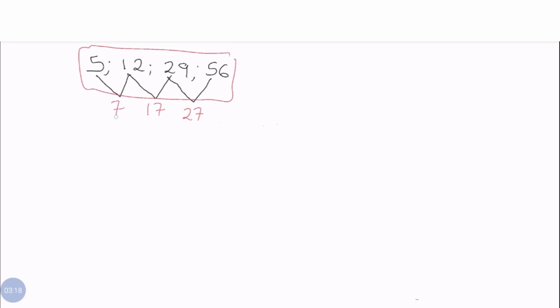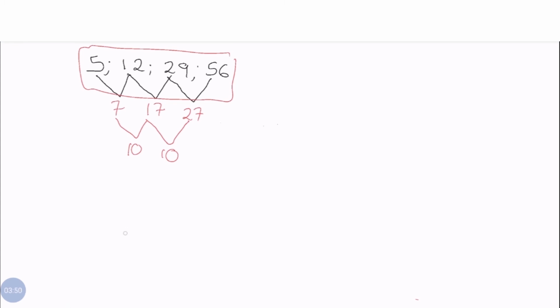This is actually a linear pattern, because if you find the differences, we get a common difference of 10. 17 minus 7 is 10, 27 minus 17 is 10 again. That means we have a linear sequence or a linear pattern.